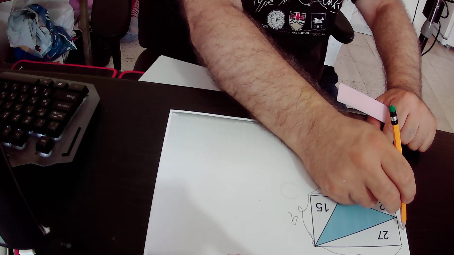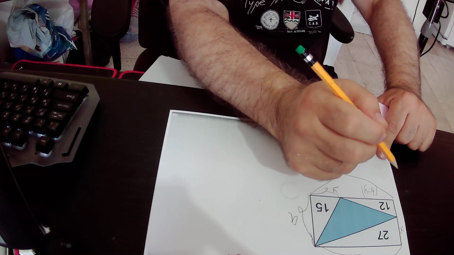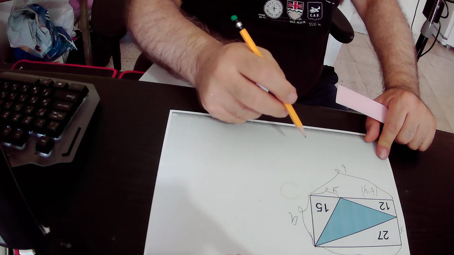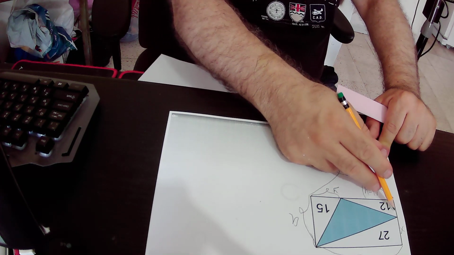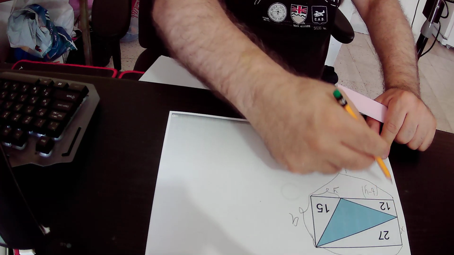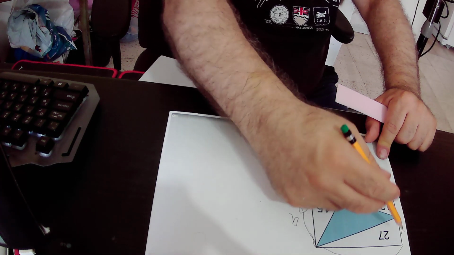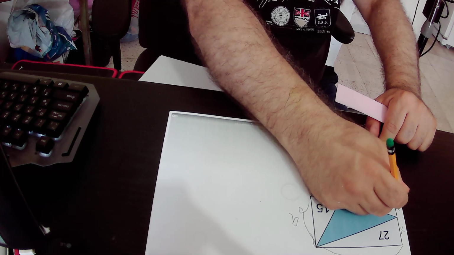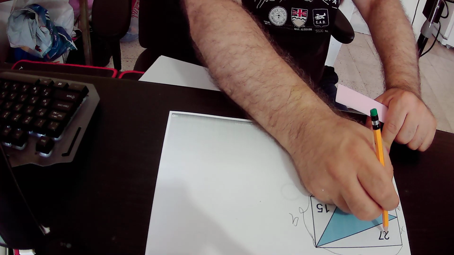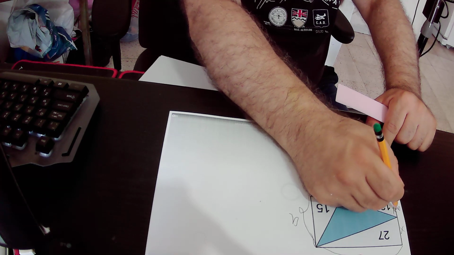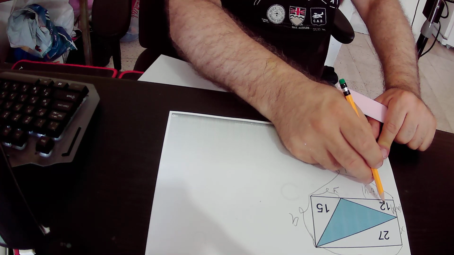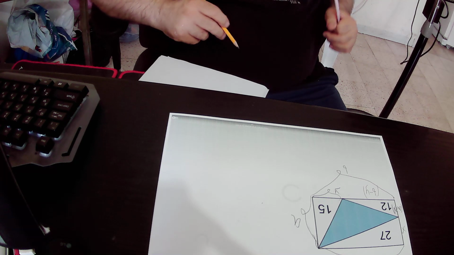We will define the height as X. And you can immediately deduce that the height of this triangle whose area is 12 units will be the width of the rectangle, that is A, minus the height of the triangle whose area is 27 units, that is X. So A minus X equals the height of the triangle whose area is 12 units.